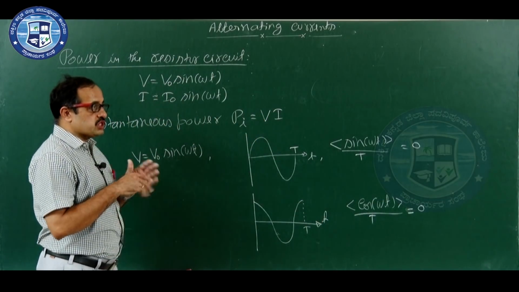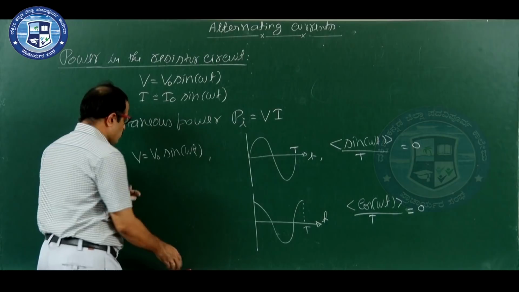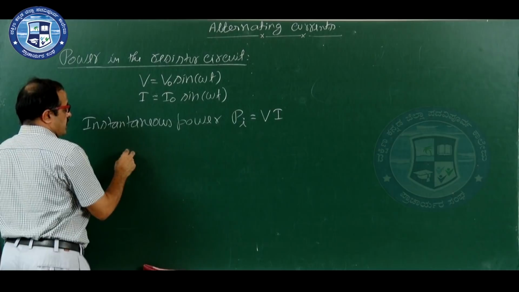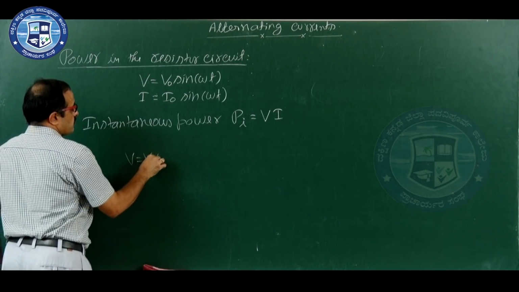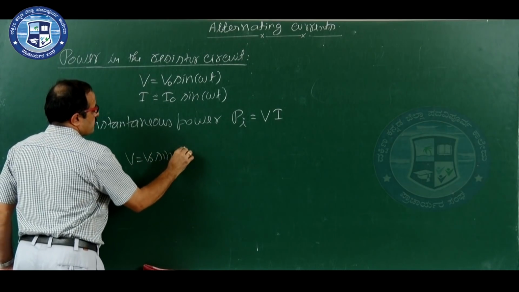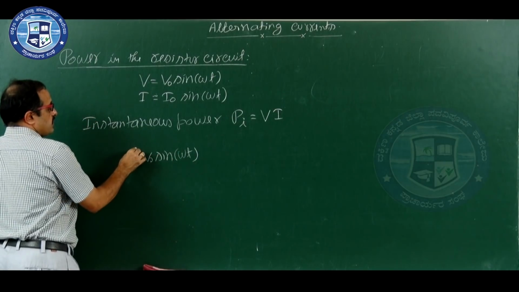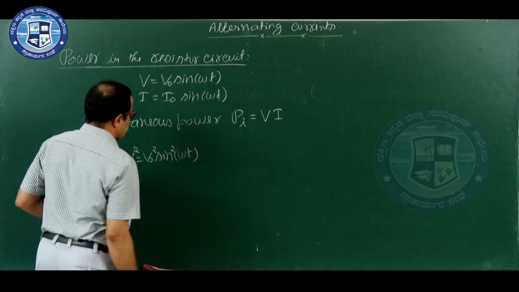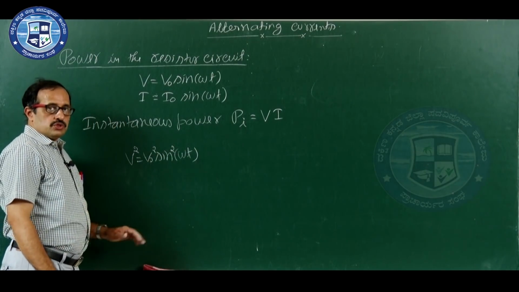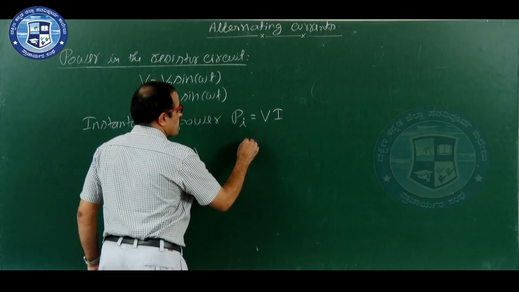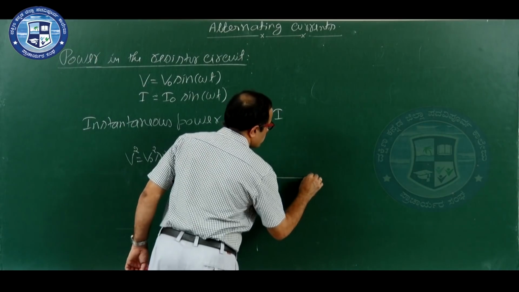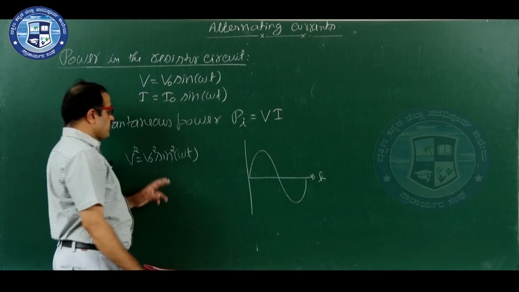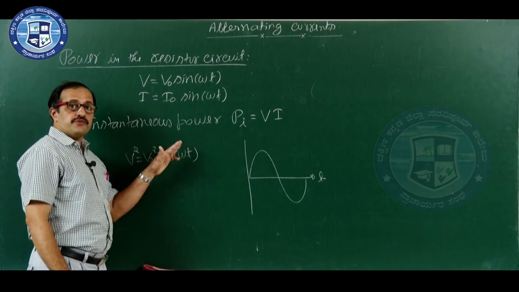Now, sometimes you have a square value, so how do you integrate? For example, you have the integration of sine square omega t. Let us say V square is equal to V naught square sine square omega t. If you plot the graph of the sine function, it is like this, no doubt, but now it is the square of that.